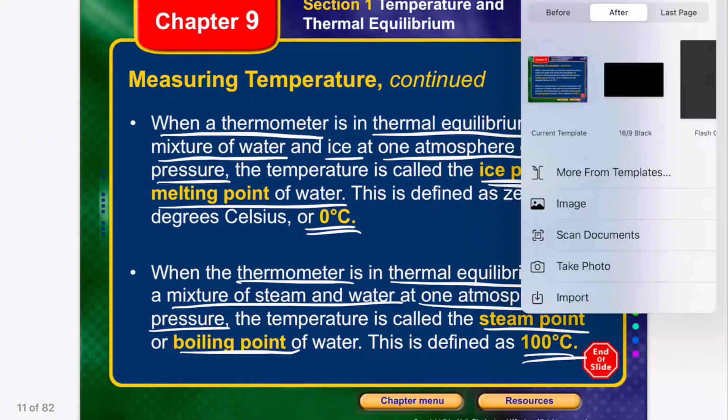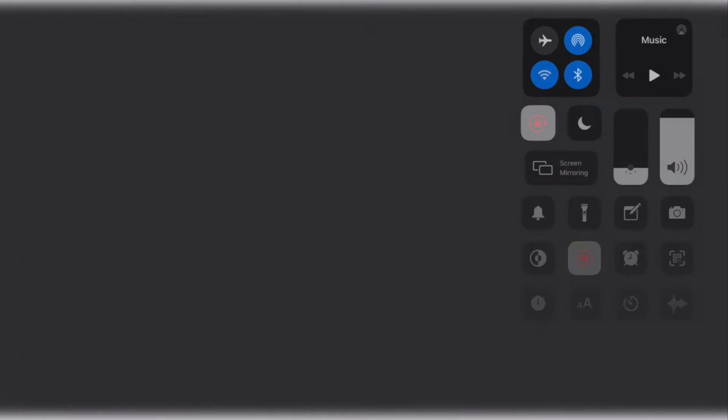Now we use 3 different temperature scales. The first one is Fahrenheit. The next one is Celsius, and the third one is Kelvin. All of them are characterized based on their ice point and their boiling point.